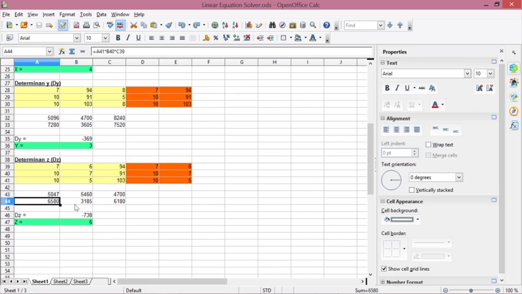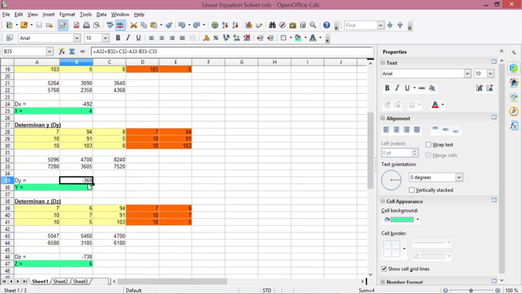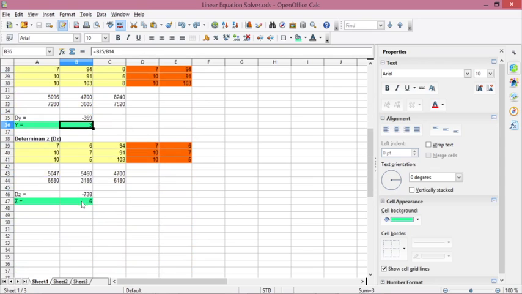To get the dz value here, you add this, and minus this, and minus this, and to get the z value, you divide dz by d. So we divide minus 738 by minus 123, you get 6. So the solution of x, y, and z is 4, 3, and 6.